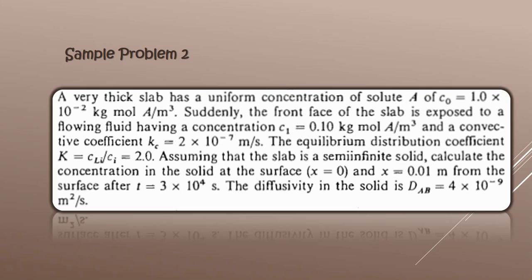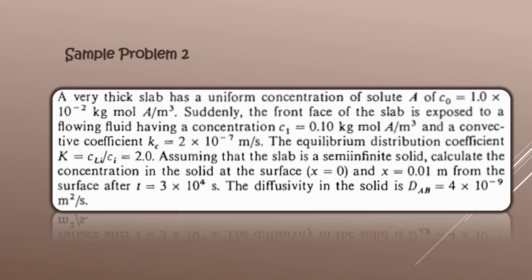Now in this case, we have a different scenario in the second sample problem, and we have a very thick slab which has a uniform concentration of solute A of 1.0 times 10 raised to negative 2 kilomole A per cubic meter.